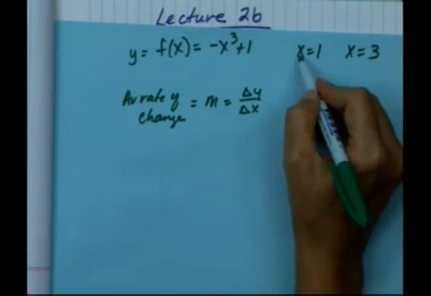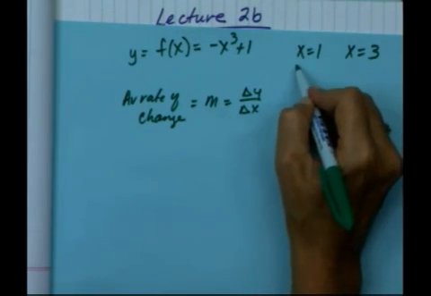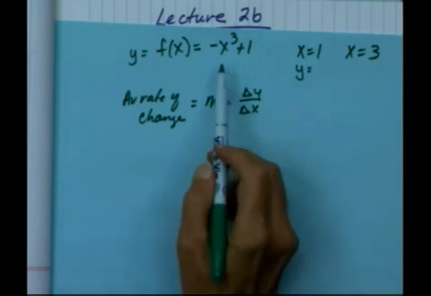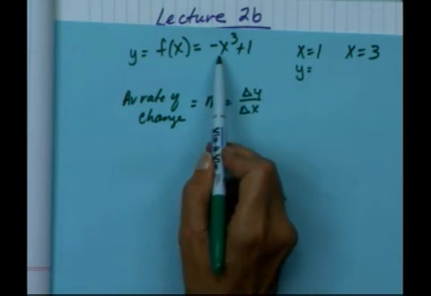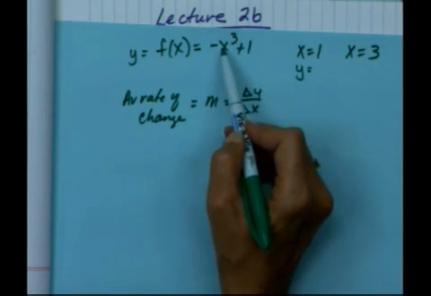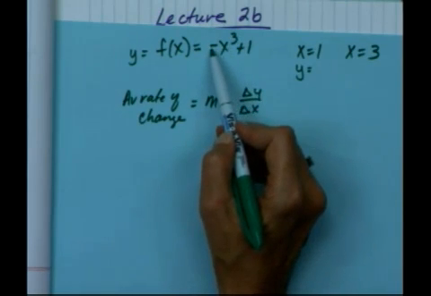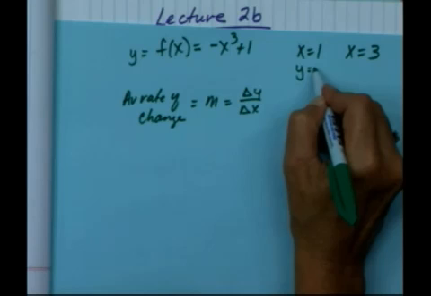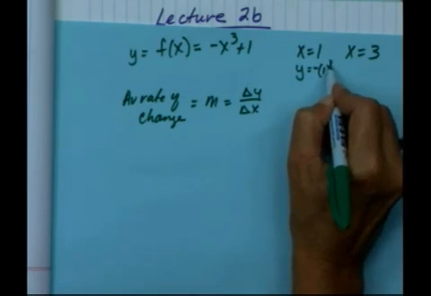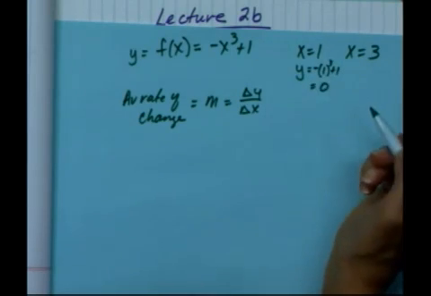All right, so when x is 1, what is the y value? 0. Yeah. Remember, you cube your 1 and then you take the minus because there's not parentheses there. So it's really like minus with the 1 cubed plus 1 or 0.